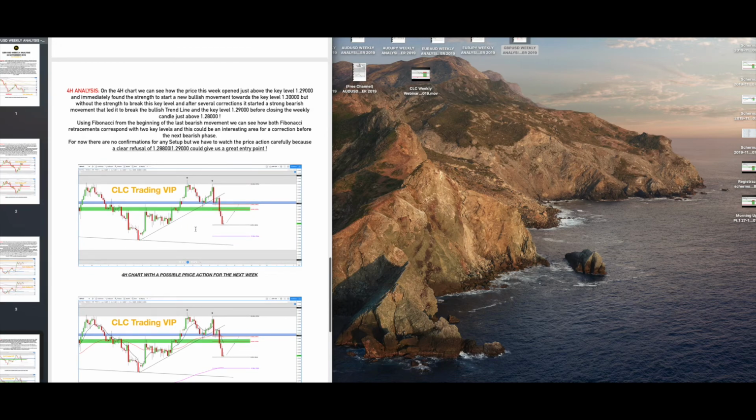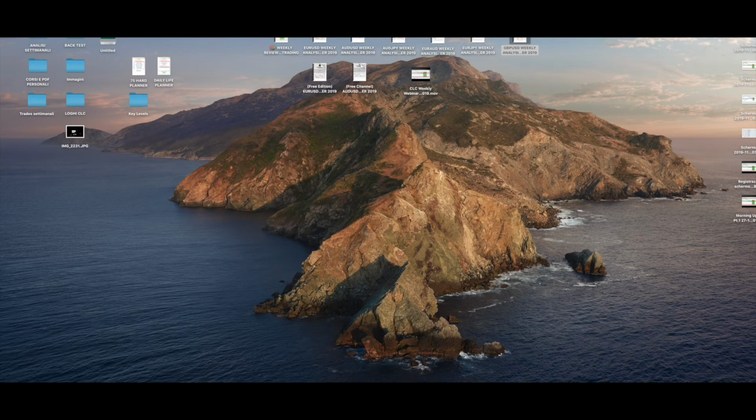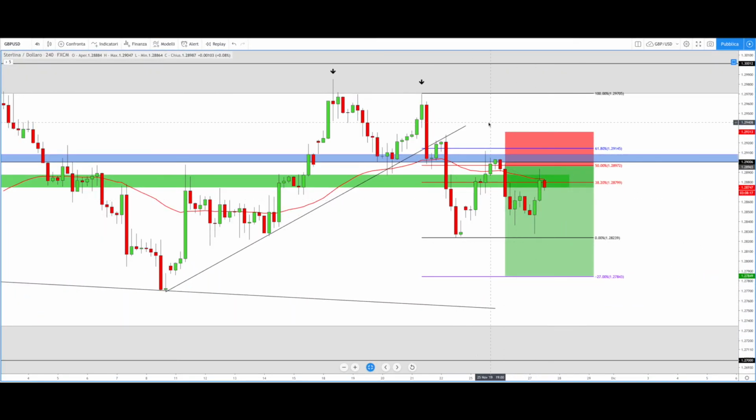And we can see that here you only had to place a little order around 1.29 to catch this big movement on GBP/USD. So this could help you understand the big potential inside our CLC Trading community.